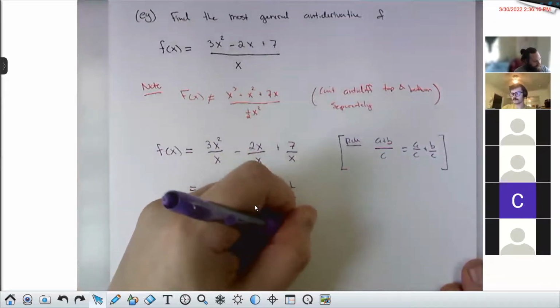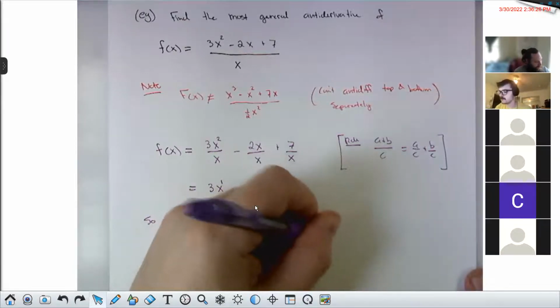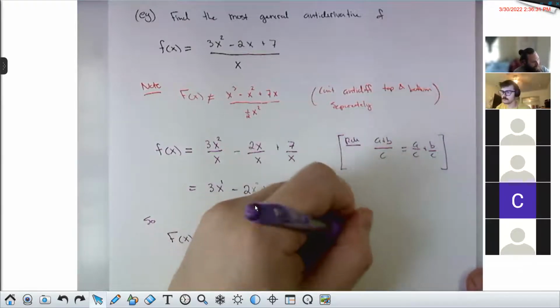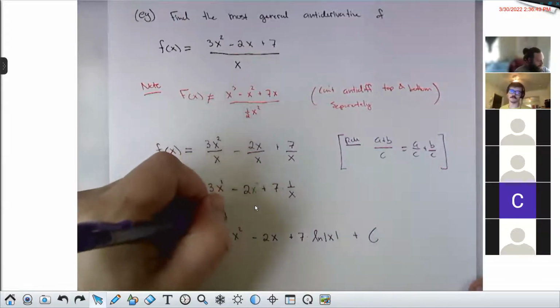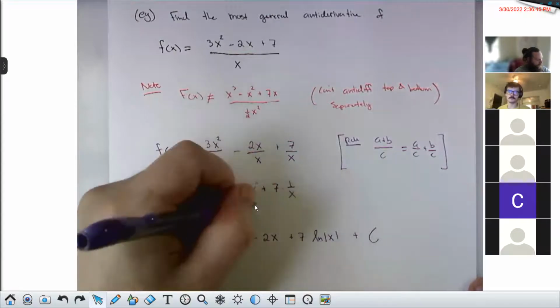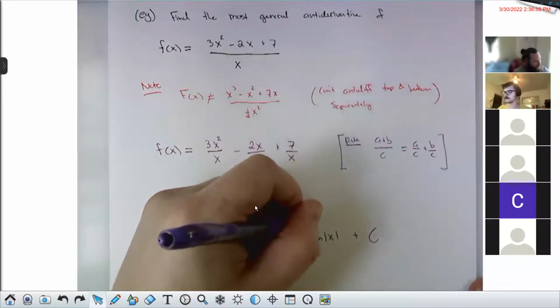Plus 7 times, what's the antiderivative for 1 over x? Is it natural log? Yeah, the natural log of the absolute value of x, plus c. So this piece became this stuff. This piece became this. And this became this.